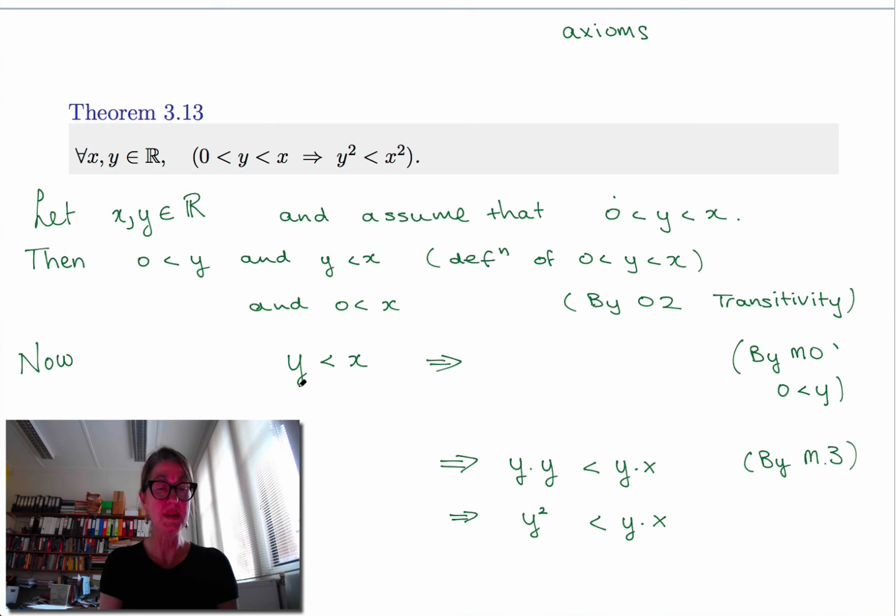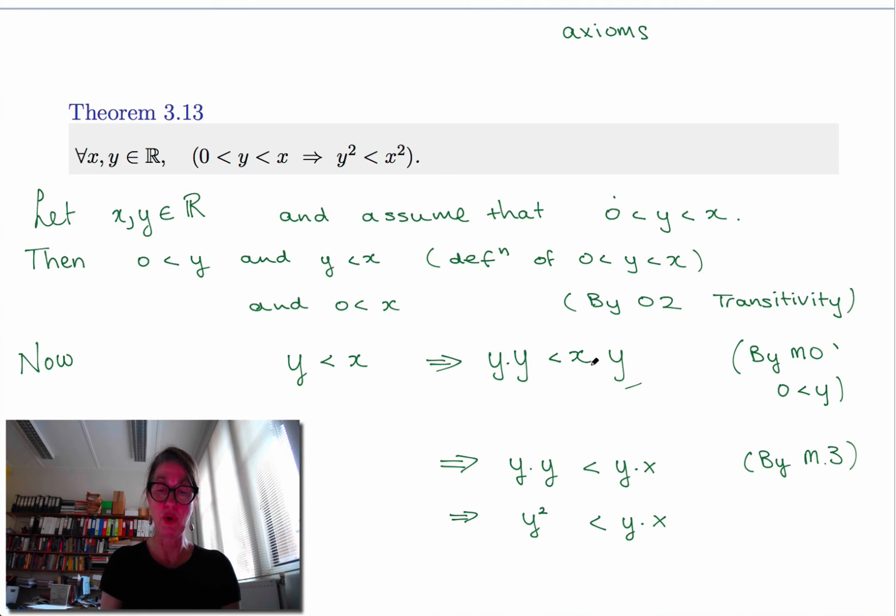What is true is that I can say y is less than x implies y times y is less than x times y, because the order axiom says I can multiply through on the right by a number that's positive, not on the left. So that's the step I left out.